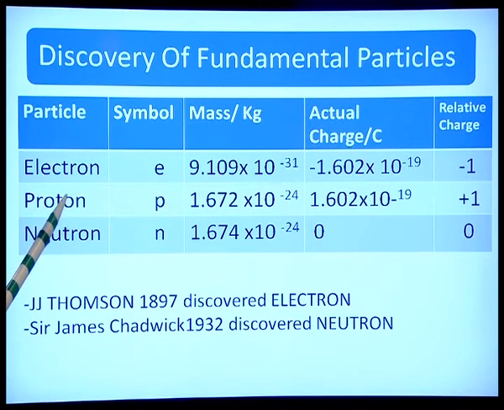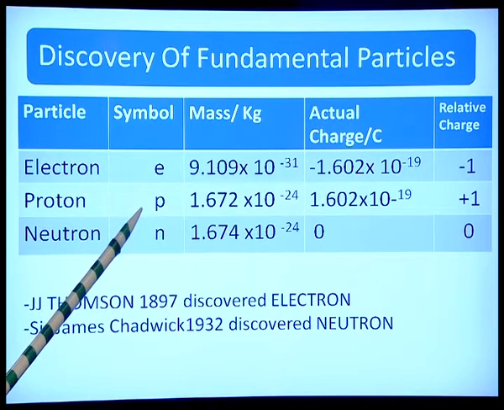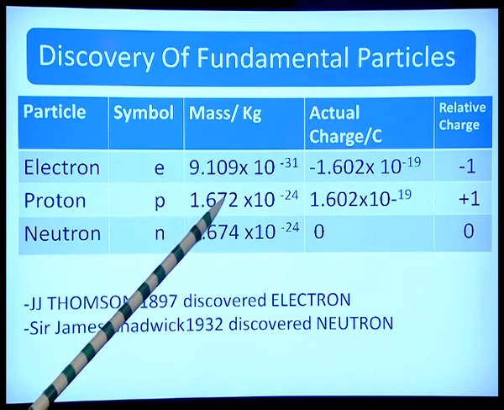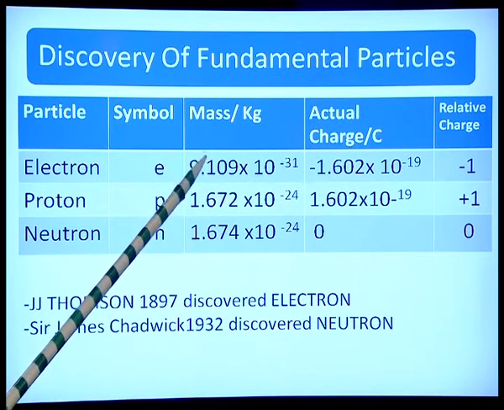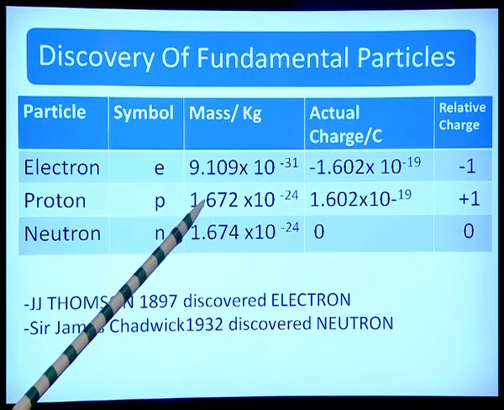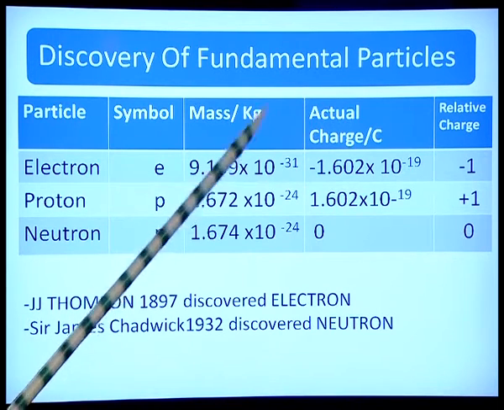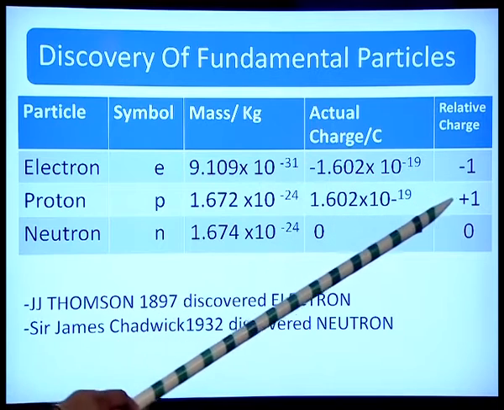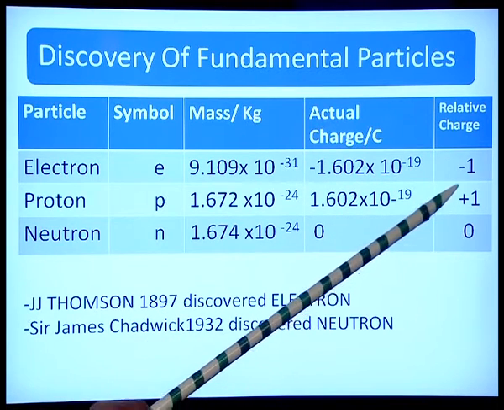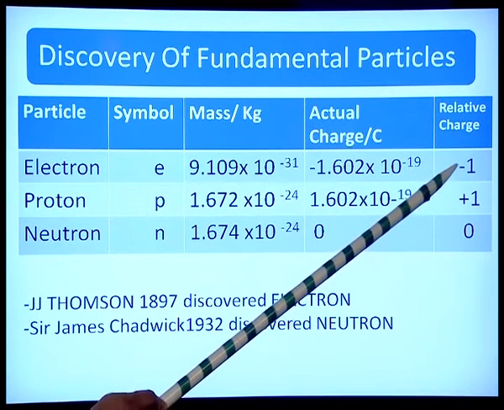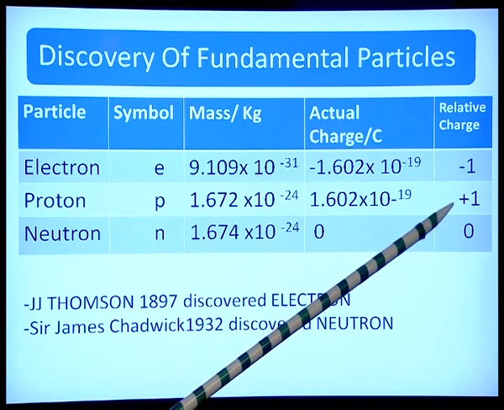For the proton, the symbol is p, and its mass is much higher than that of the electron. It is almost 1840 times, and the charge is exactly opposite to the electron charge. This is -1, this is +1.